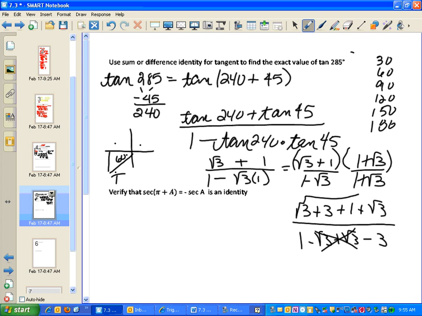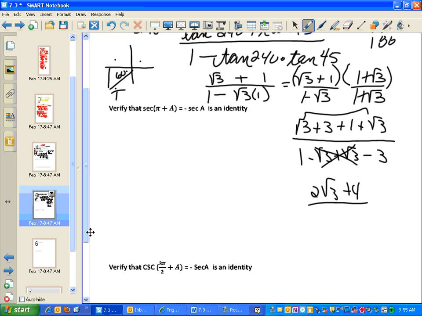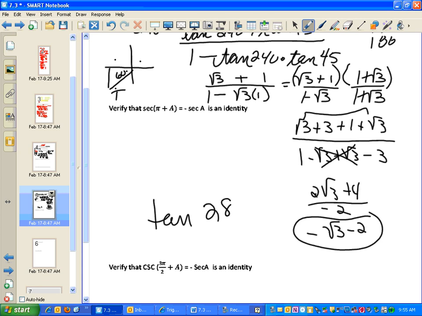So how many root 3's do I have? 2 root 3 plus 4 over 1 minus 3, which is negative 2. Can I reduce? Can 2 go into every term? Negative root 3 minus 2. Is the same thing as what tangent of 285 was.